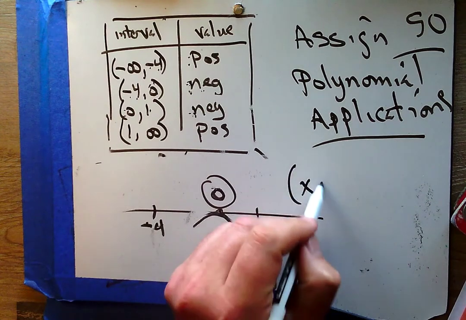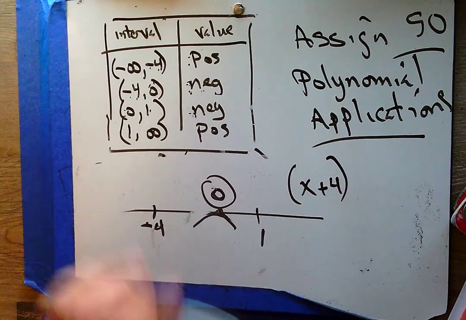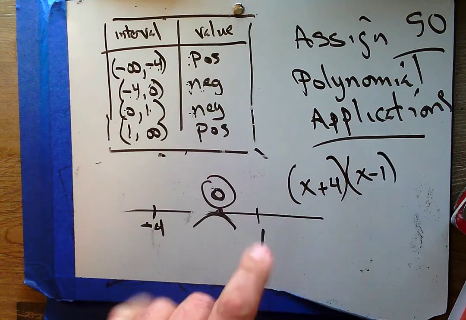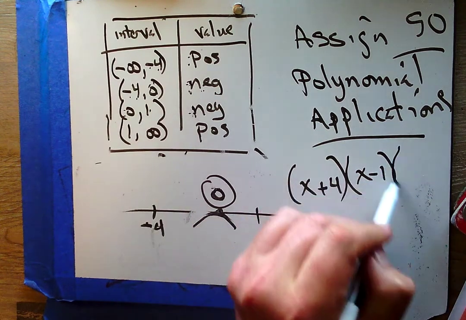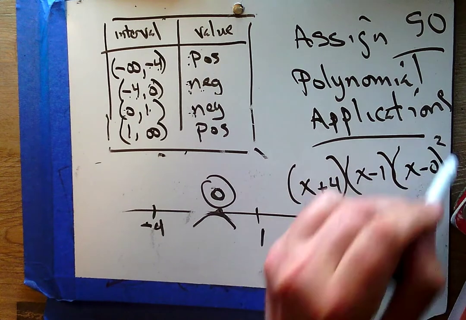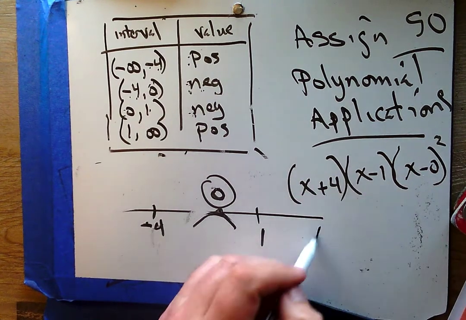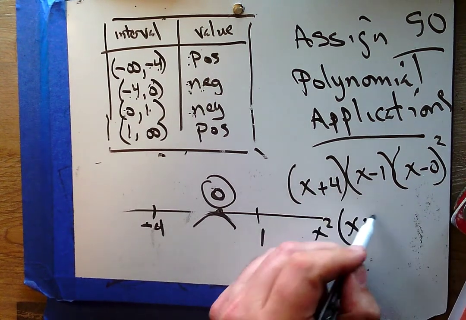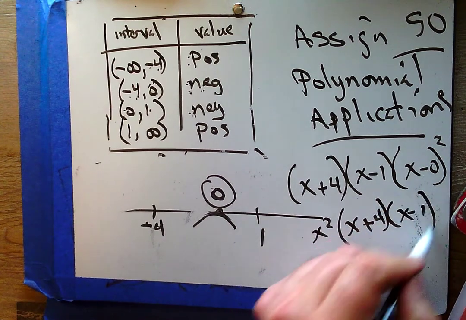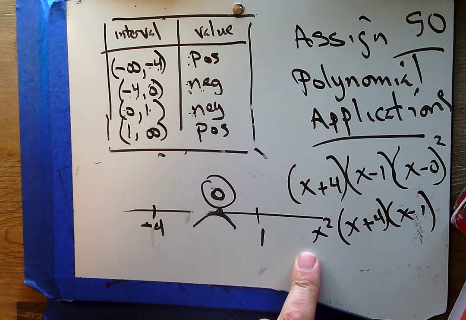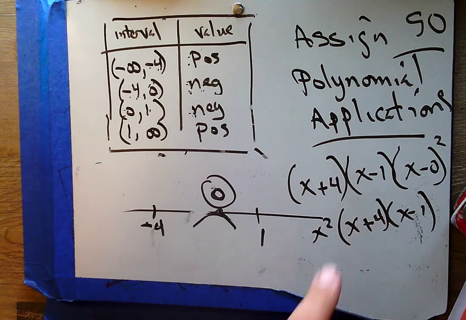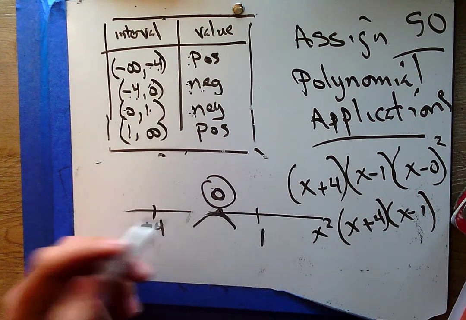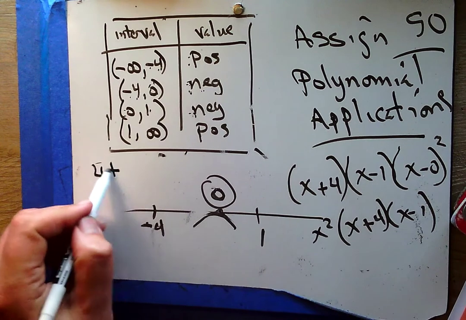So I could imagine x plus 4, x minus 1, but here, x minus 0 squared. And yes, I would write that this way. And so I think the least possible degree is squared times x is x to the 4th. I think the least possible degree here is 4th degree.